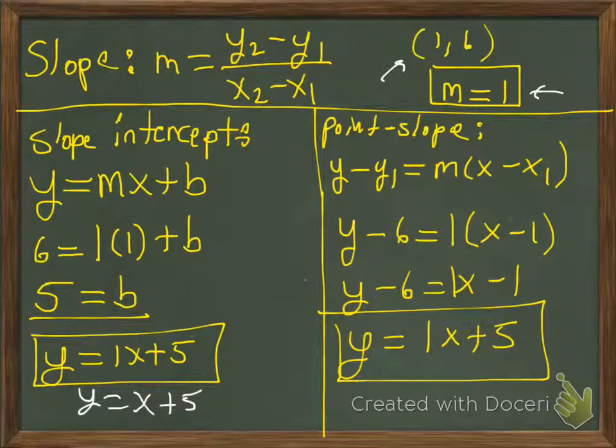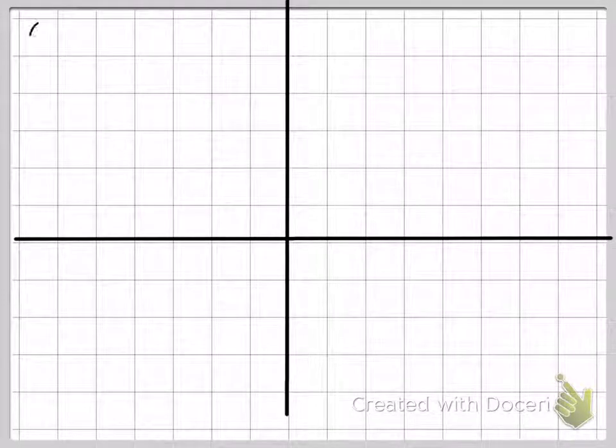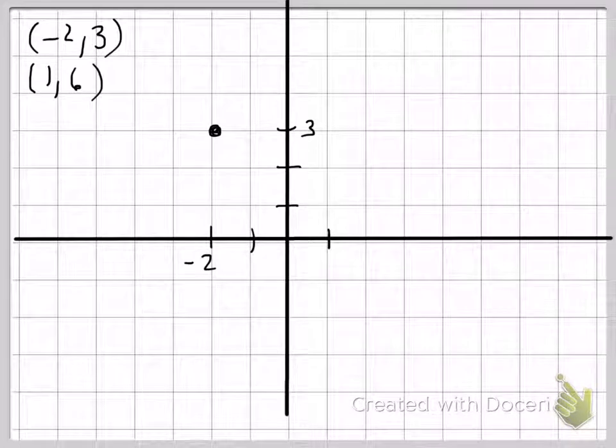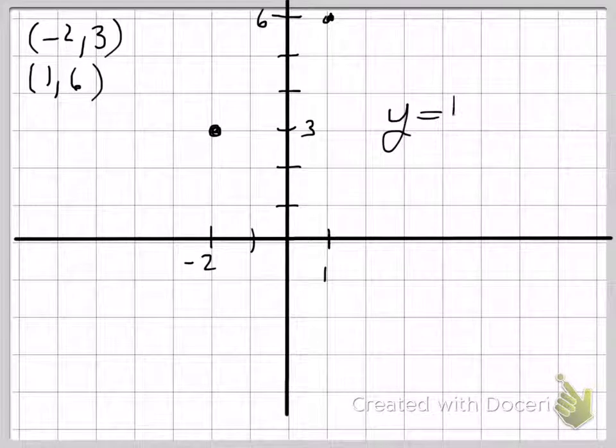The next thing we'll do is we'll just kind of do a little bit of a graph with this also. And then we're going to put in our 2 points. We got negative 2, 3, and then we got 1, 6. So we'll plot in negative 2 and 3. And then we'll also plug in 1 and 6. Okay. Our equation was y equals 1x plus 5.